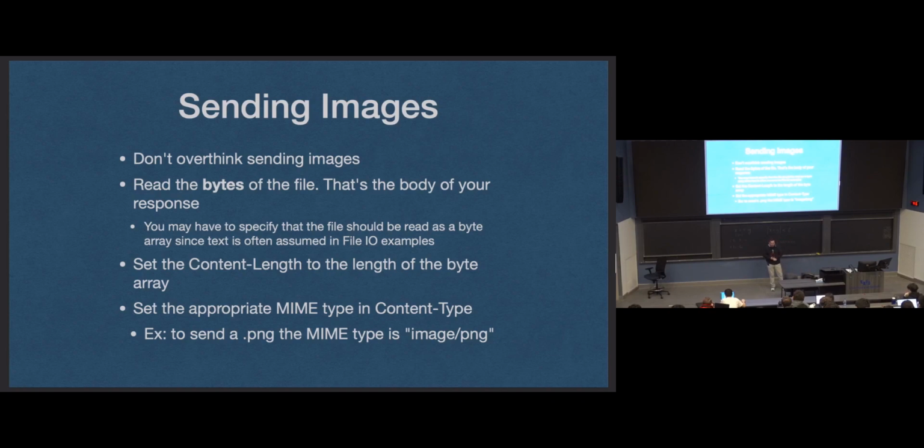But when you get to an image, what we want is a slight tweak to our approach. Take the status line, the headers, that CRLF, the blank line, all of that we can do in the world of strings. Encode the headers into bytes first, and then concatenate that with the bytes of your image.